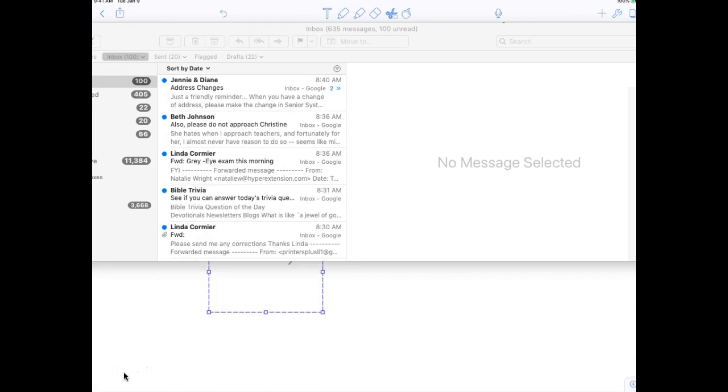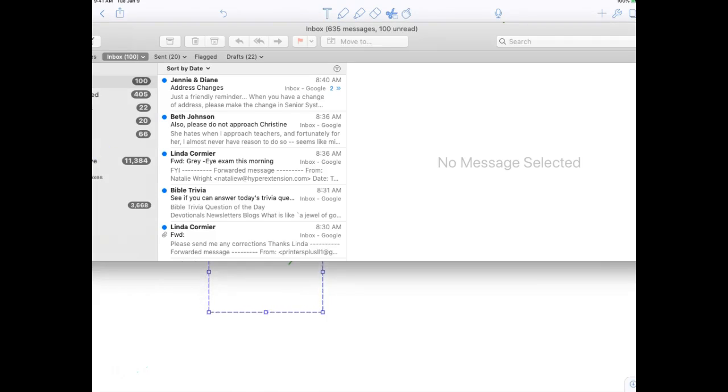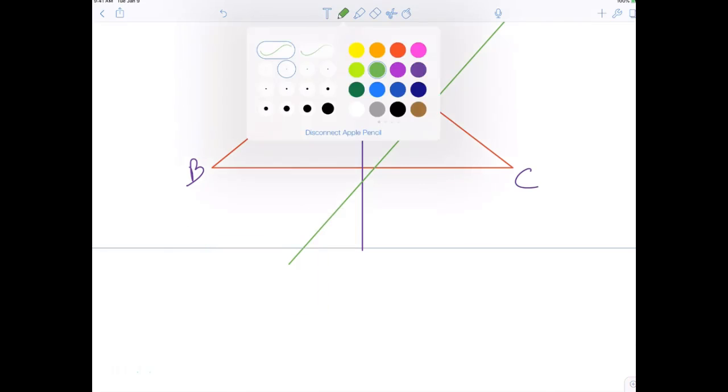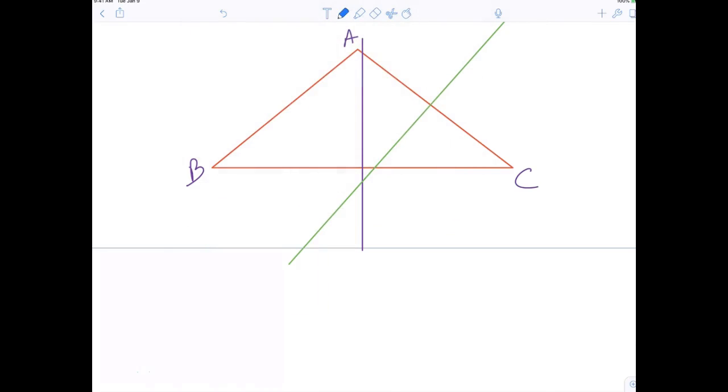Now tell me this. This point right here, if I'm doing a good job, you'll be able to tell me something. This point right here is equidistant from what?